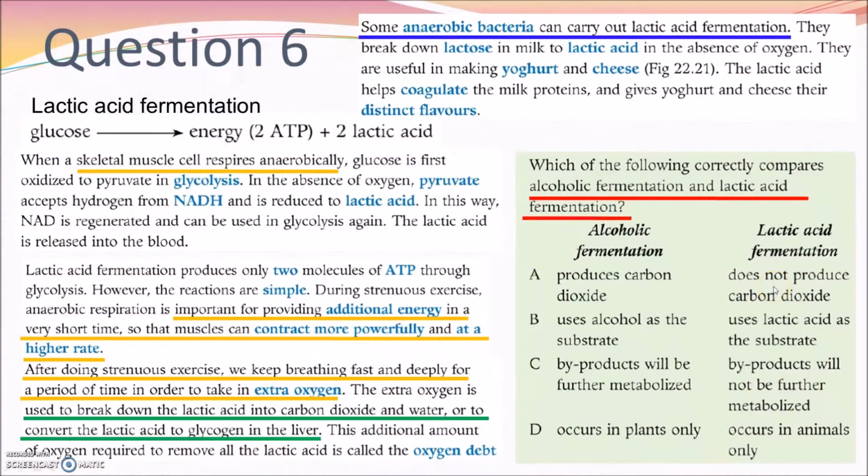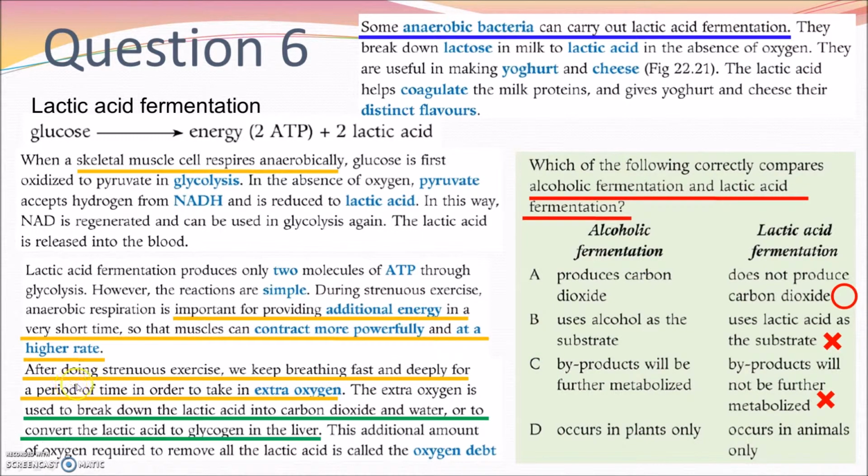So for the lactic acid fermentation, just according to the equation, you should see that lactic acid fermentation does not produce carbon dioxide. That's correct. Do they use the lactic acid as the substrate? Of course not, because lactic acid is the product. And for C, "byproduct will not be further metabolized" is definitely wrong, because we can deal with the lactic acid.